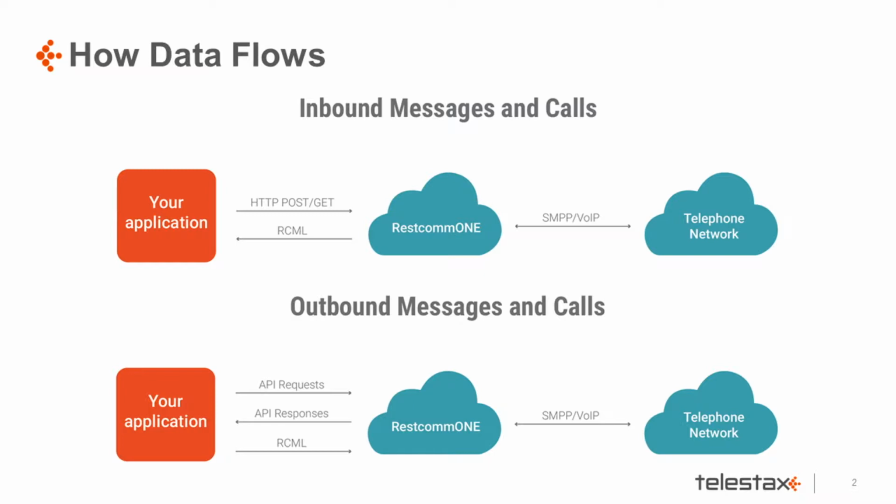For outbound messages, the way it works is that your application, or in this case, Visual Designer, will make an API call to Restcom with the information about the message, whether that's the from, the to, the body, all of the things that go into making up a message get sent to the RestcommONE API, and then RestcommONE simply forwards that message out to the PSTN or to the telephone network. So let's get started building a really simple application with the RestcommONE Visual Designer.